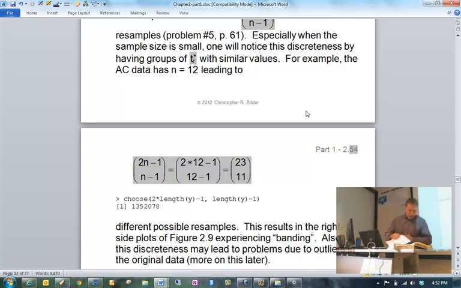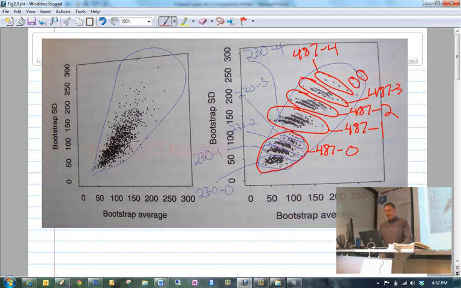And I think the plot I want to reference is figure 2.9, page 28. Since it is a good plot, I've reproduced it here, and I have some writing on it. You can ignore the writing for now. What you will see in a non-parametric bootstrap setting is some discreteness, some banding in the plots.